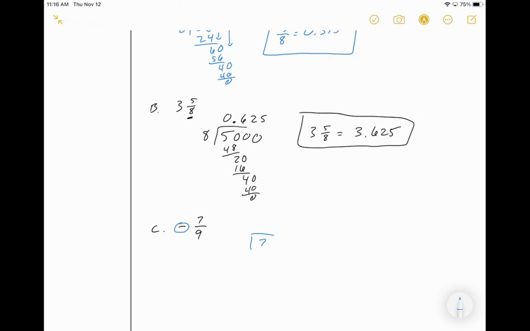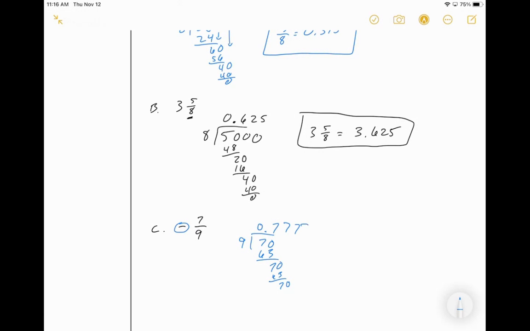7 divided by 9. I need a 0 and a decimal. 7 times 9 is 63. 7 left over. 7 times 9 is 63. 7 left over. Okay, I'm starting to get a pattern here, aren't you? I kind of know what the numbers are going to be. Good thing we remember how to write this, right?